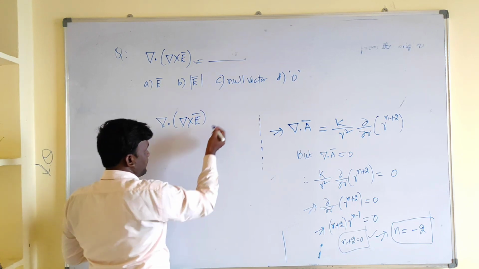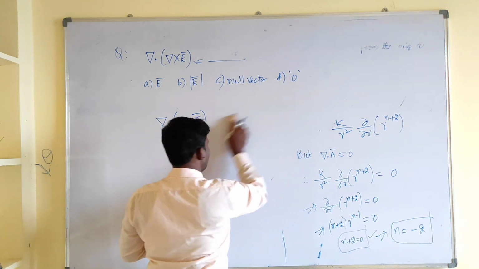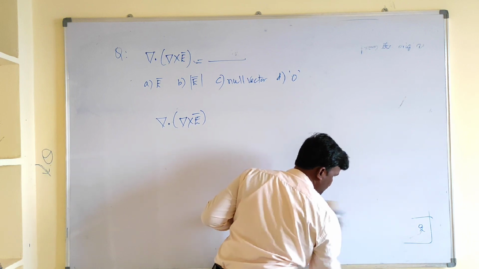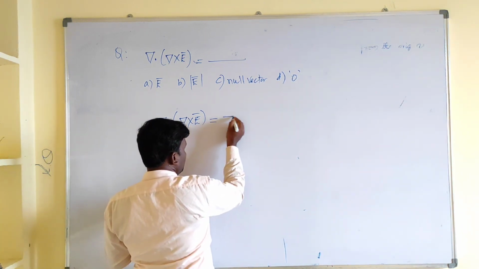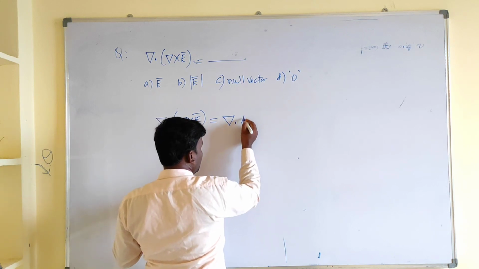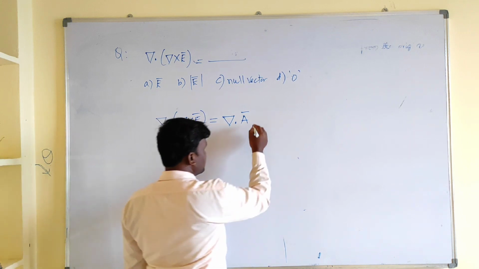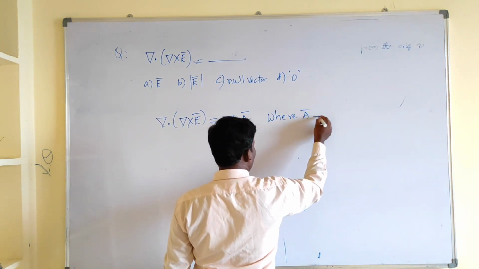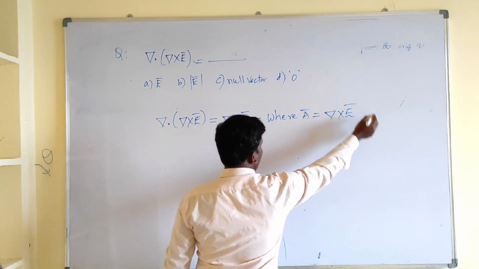I am writing this as del dot A bar, where A bar is nothing but del cross E.